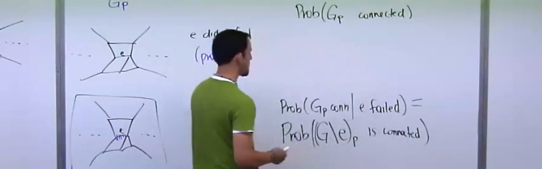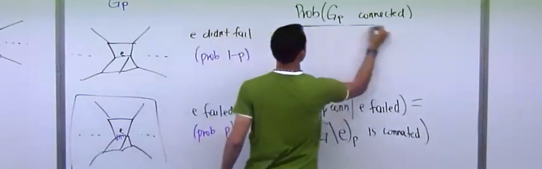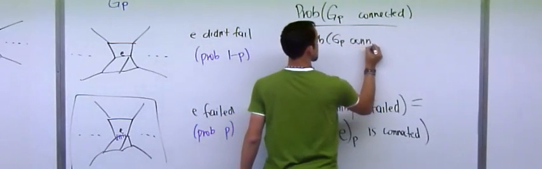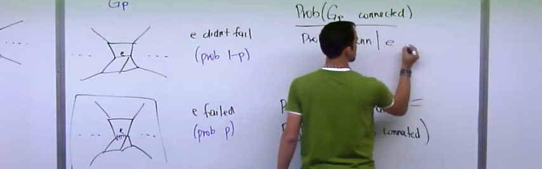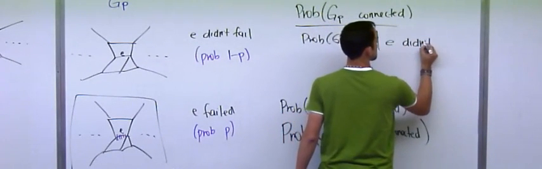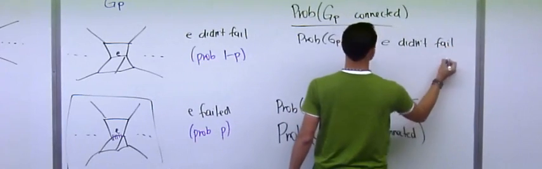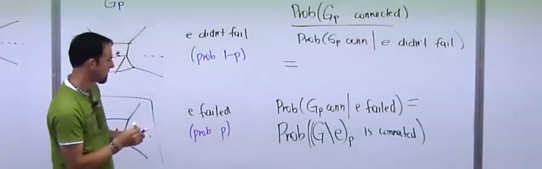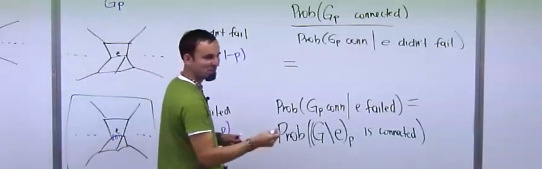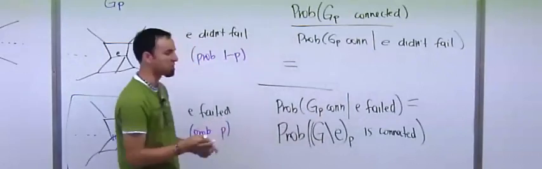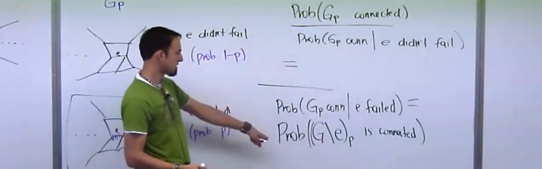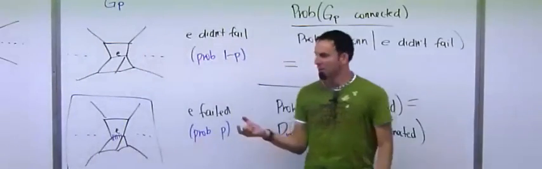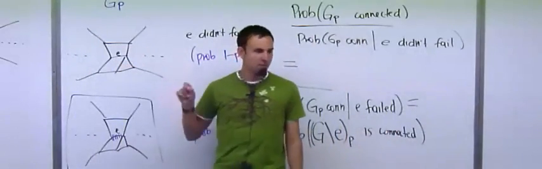Now let's do it in this case. What is the probability that G sub P is connected, given that the edge E didn't fail? Well, you might guess what the answer is already, and now you have to understand why. But the idea, of course, is that this is going to be a deletion, this is going to be a contraction. But it makes sense, right? Because the idea is that edge E is there for sure.